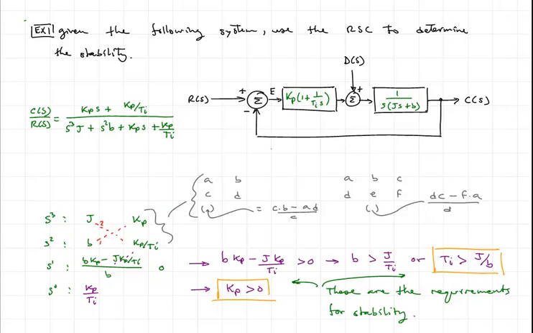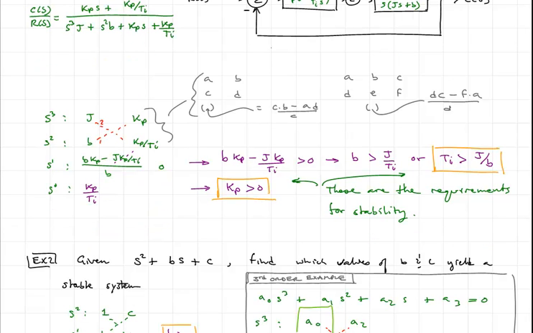So we can set up the Routh stability criteria using the denominator of our transfer function. And so here you see it in action, where it's been populated with parameters from the system. Once we evaluate this, we see that we have our four terms in the first column.